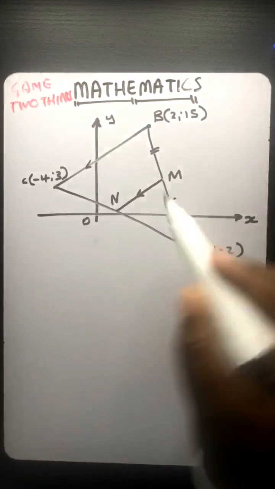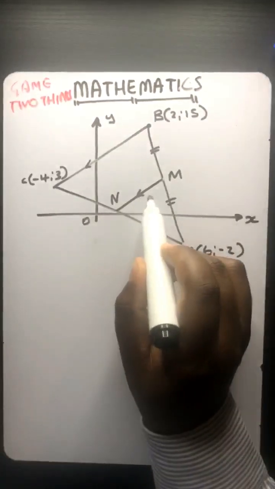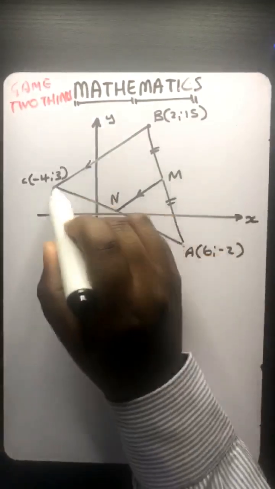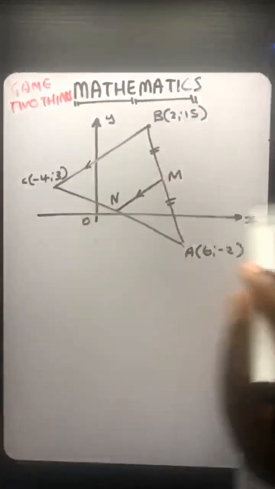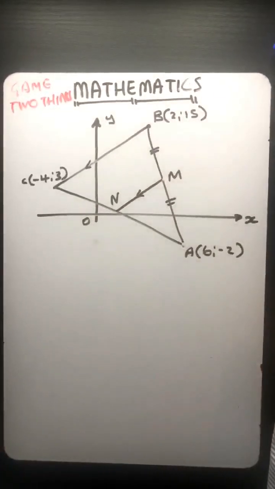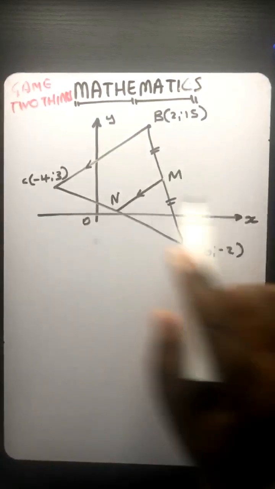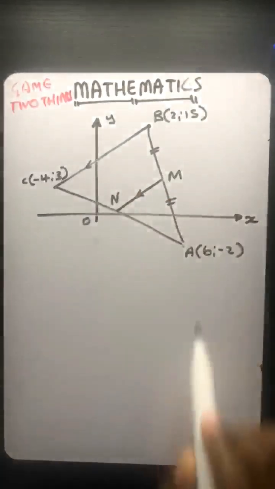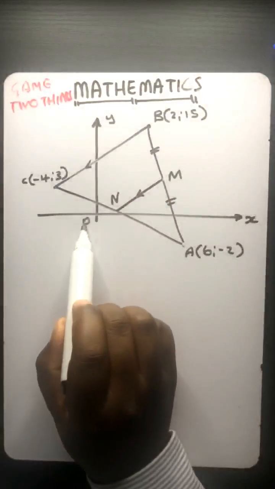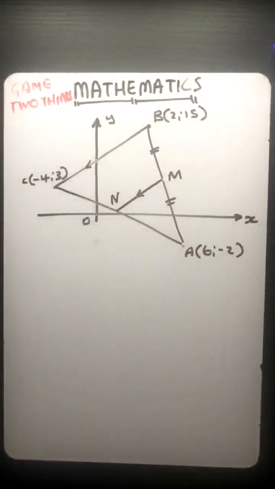In addition to that, you can see that sign. It tells you that this line and that line are parallel to each other. And obviously, we've got the y-axis and the x-axis, with that point being the origin. So that's all that I can explain with regards to that diagram.